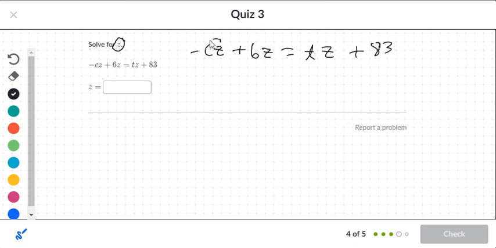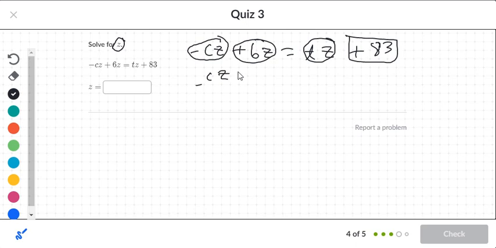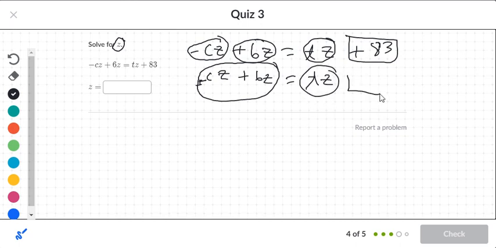Anything that has a Z in it, we want to circle. Circle here, circle here, circle here, and box here. Notice these two circles are side by side. I cannot do anything with them, so I'm going to make one big circle there. And right here I've got my T and Z, and I just have my one box, which contains my plus 83.